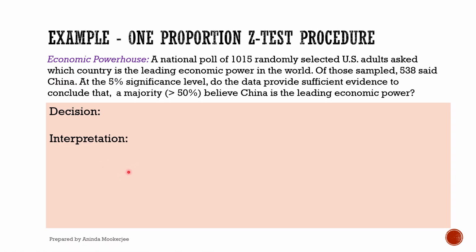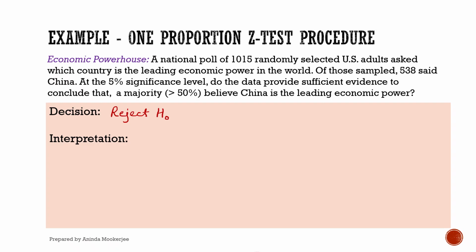Now there is a format to interpret the results of the hypothesis test, and I'm going to write it out and tell you about some of the critical verbiage that you must include in the interpretation. But for this particular problem, the decision was to reject the null hypothesis, and make sure that you have explained the reason for the decision when you perform the critical value approach and the p-value approach.